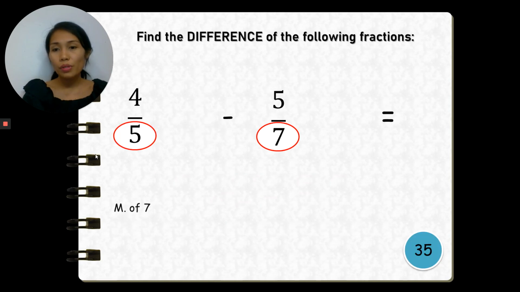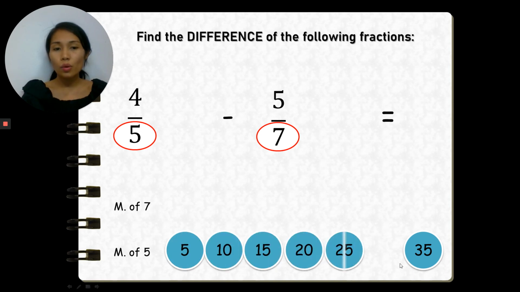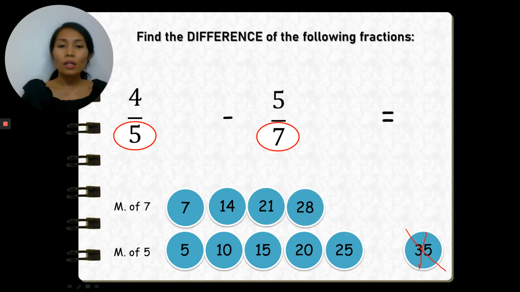So what are the multiples of 7 and 5? Let's start with 5: 5, 10, 15, 20, 25, 30, 35. How about 7? 7, 14, 21, 28, 35.